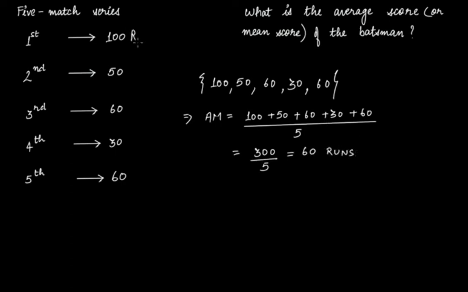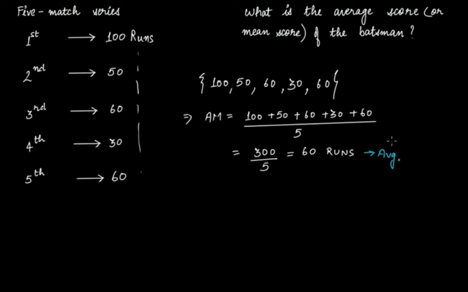These all are actually runs, 5 match series, okay? It means that on an average, you or any batsman for whom these values have been given, that person actually scores 60 runs per match. That's an average value. It means that that batsman has scored on an average 60 runs in each of these matches.